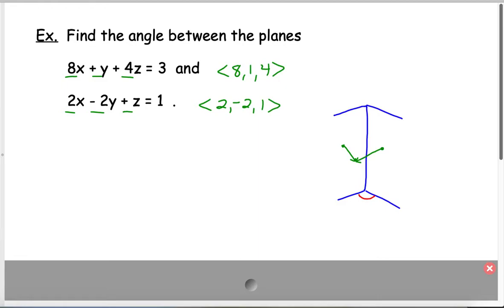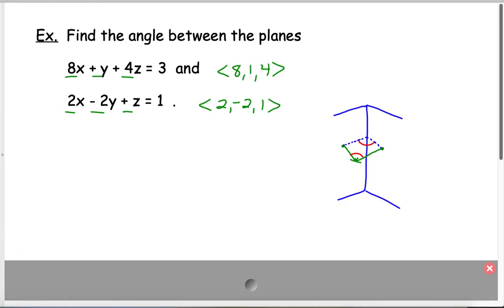That's what I'm trying to draw here. So I think when you do that, you would agree that we have made a parallelogram, and the angle, I guess I could do this as a dashed line. I should do it in blue. That the angle between these two normal vectors is the same as the angle between the two walls. So in essence, if I can find the angle between the two normal vectors to the planes, I'll find the angle between the two planes.